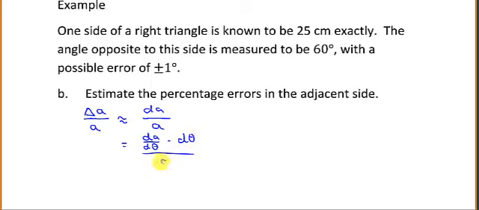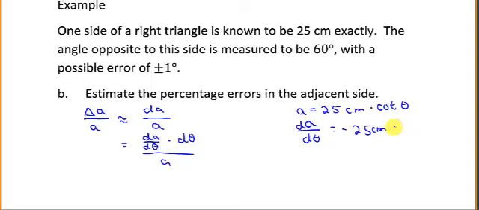So we'll have that over A. Let's recall that A was 25 centimeters times the cotangent of theta, and that the derivative of A with respect to theta was negative 25 centimeters times cosecant squared of theta.